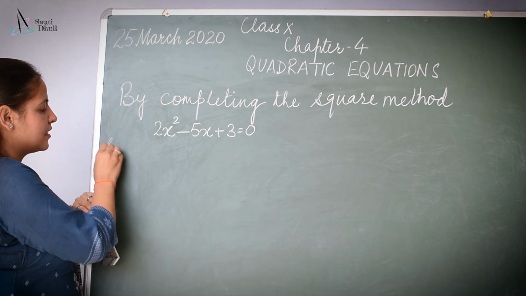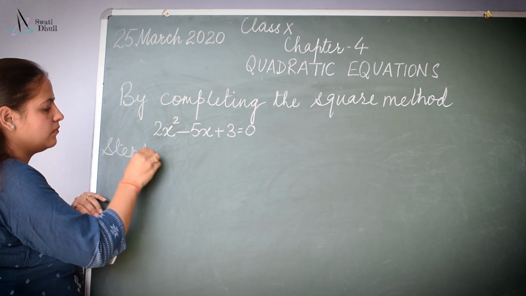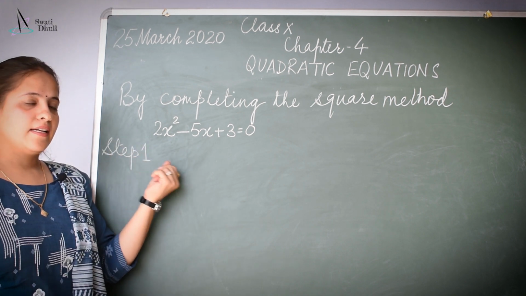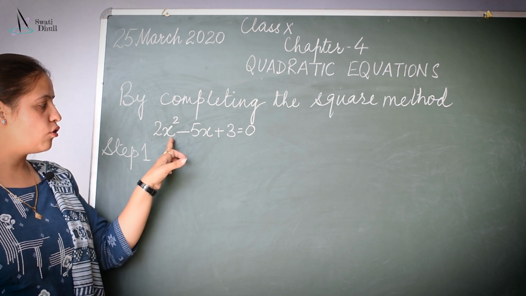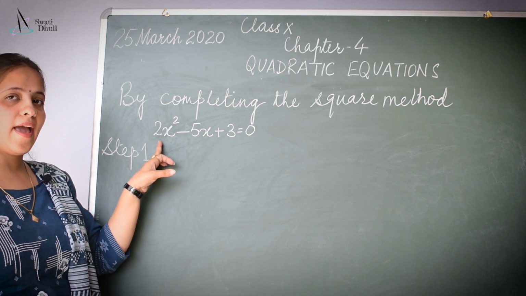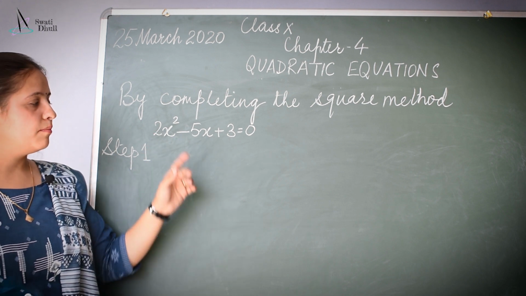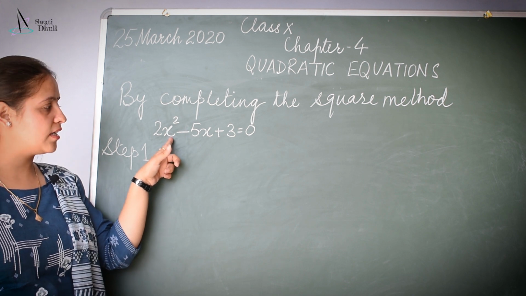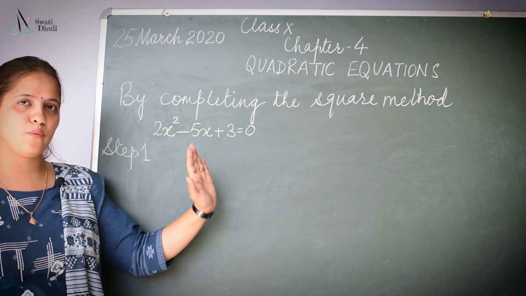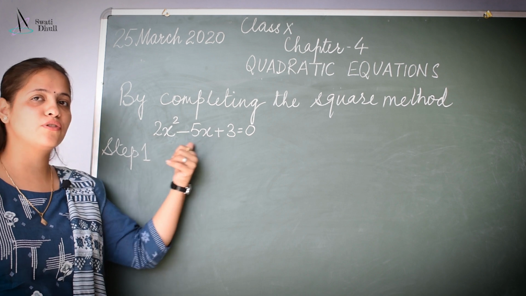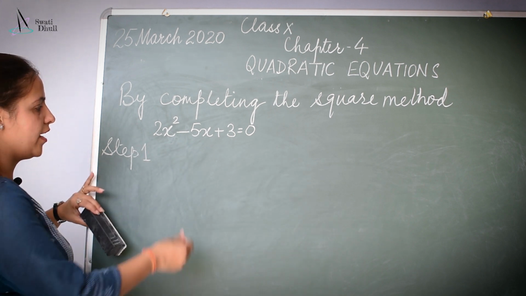Now, step 1. You need to make the coefficient of x square 1. But here the coefficient of x square is 2. Now I need to make it 1. So I need to divide this whole equation by 2.